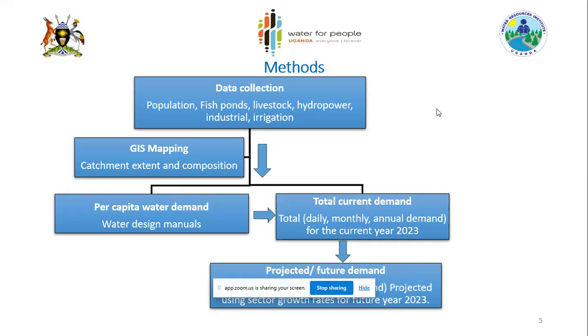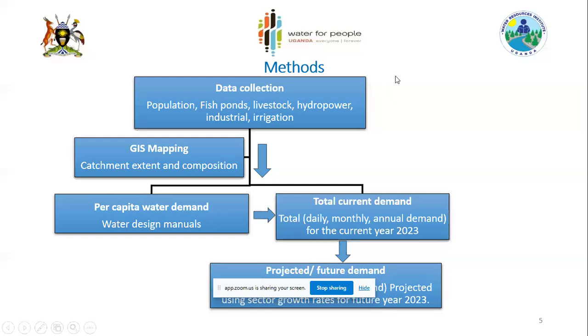And to have this done, we employed a number of methods. The first step was data collection. And our major informant or our major entry point were the district technical officers, who include the water officers, cultural officers, and the like.